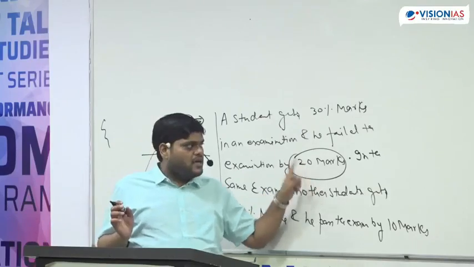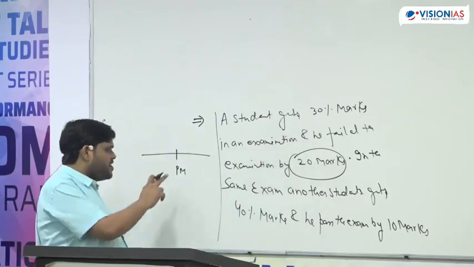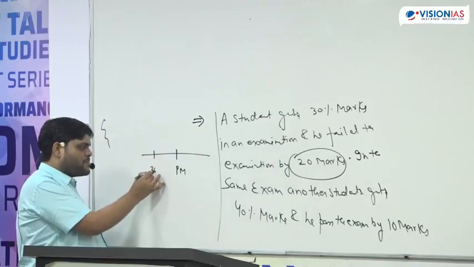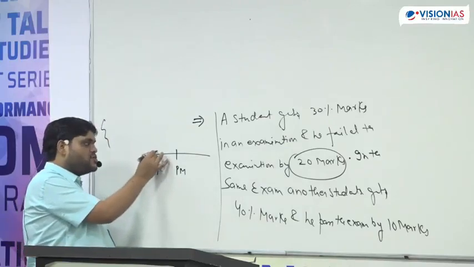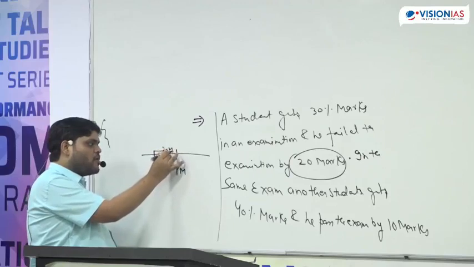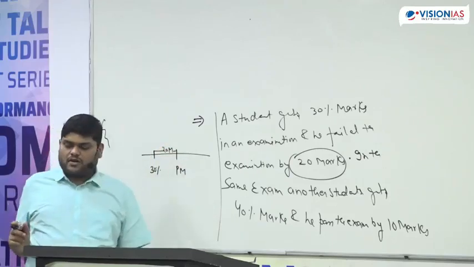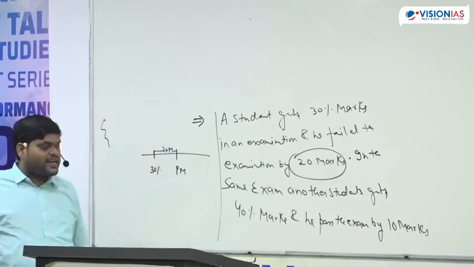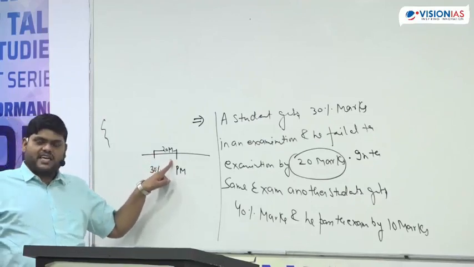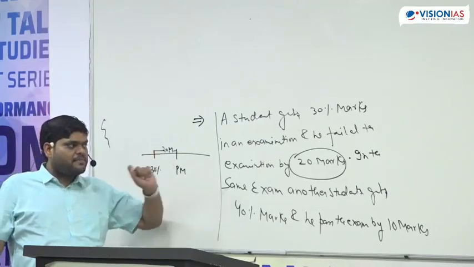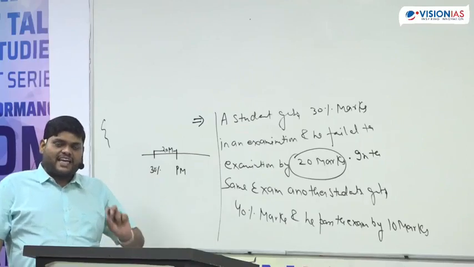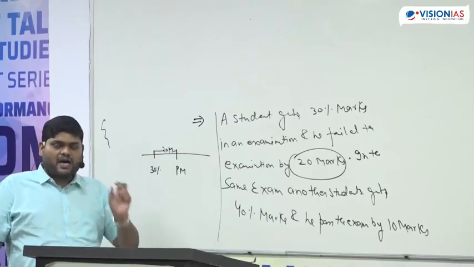Same logic: if this is the passing marks and this is 30% marks, this student required 20 more marks to pass the examination because he failed by 20 marks. That means he is getting 20 marks less than the passing marks.